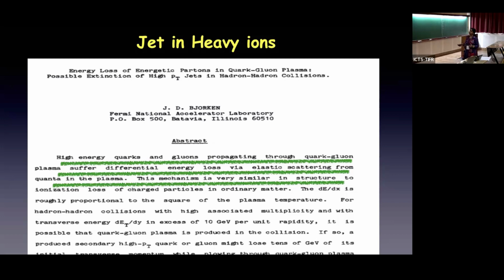The prelude to jets in heavy ions comes really from this very nice paper, where it's written that high energy quarks and gluons are propagating not through vacuum but through matter. So quarks and gluons propagating through quark-gluon plasma suffer differential energy loss via scattering from quarks in the plasma. This is something known as jet quenching.